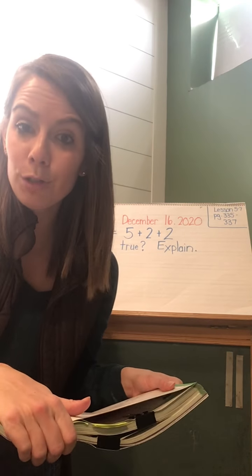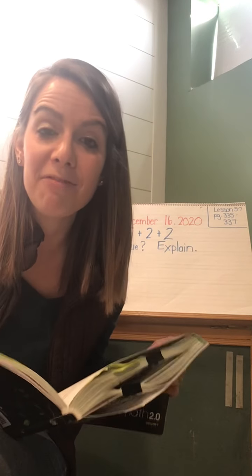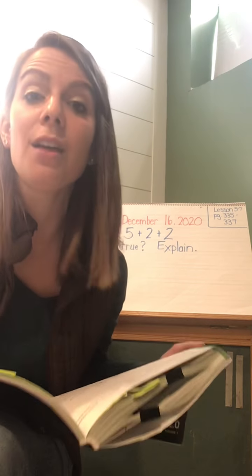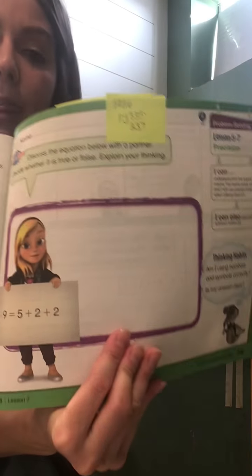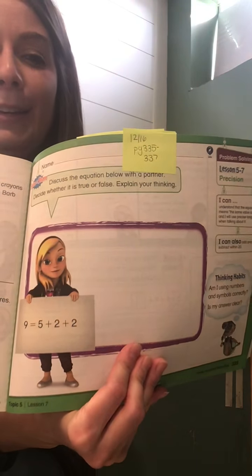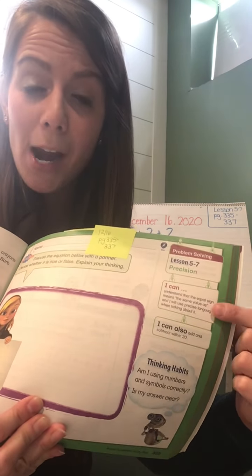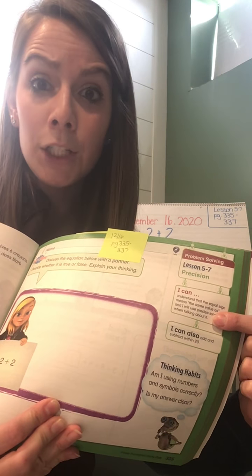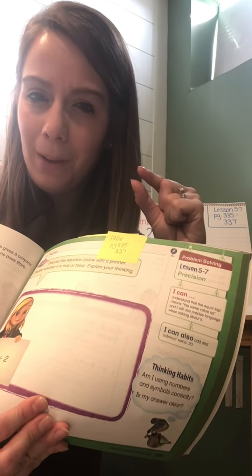We are going to turn to page 335 today. That's 335. It looks like this. Okay, now, if you look up here at our I can statement, that is huge, isn't it? We might shrink that down today. You okay with that?